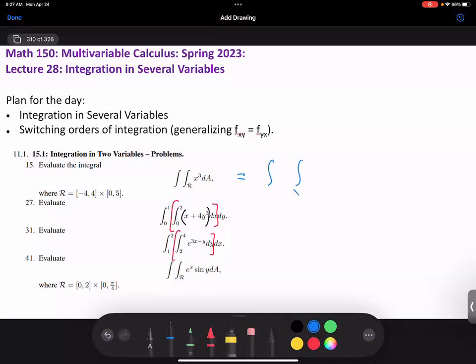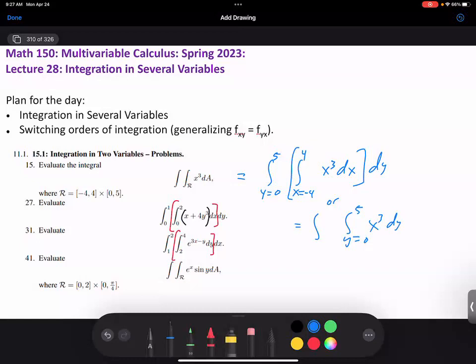Then x would go from -4 to 4, and y would go from 0 to 5, and you would have x cubed dx dy. Or this also equals, if we do y first, y goes from 0 to 5, x cubed dy, and then we do the x integral, x goes from -4 to 4.